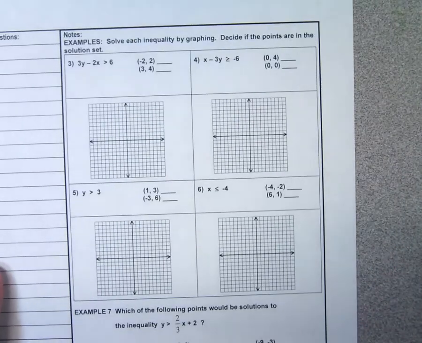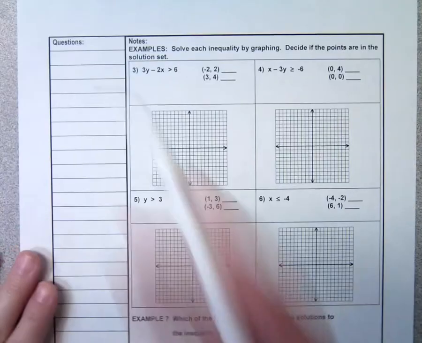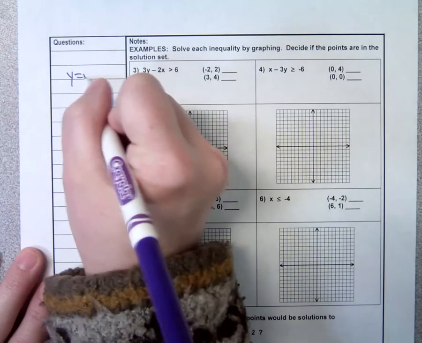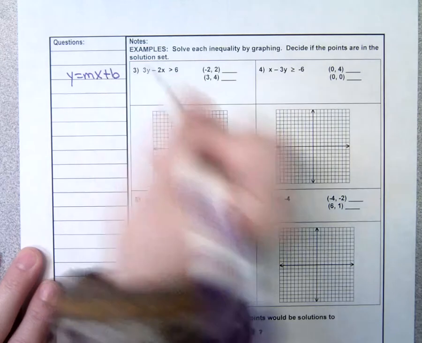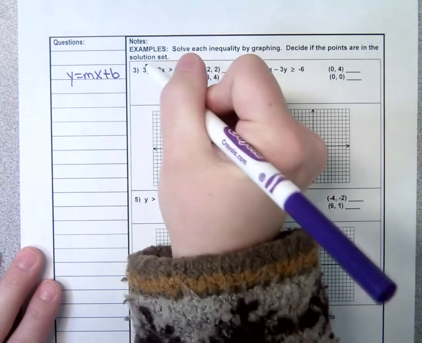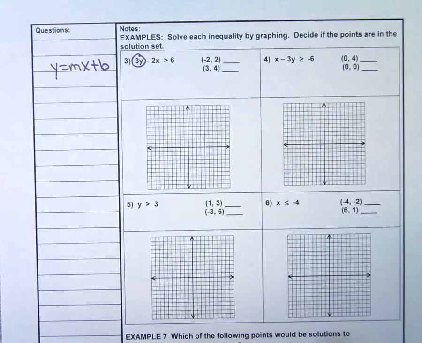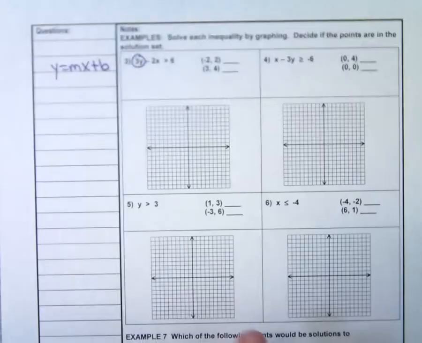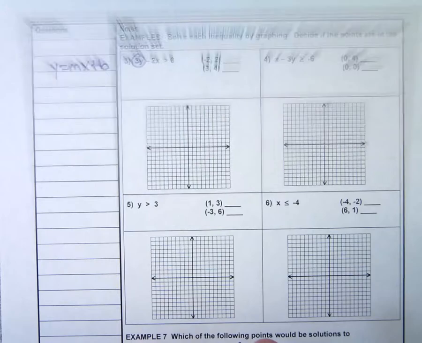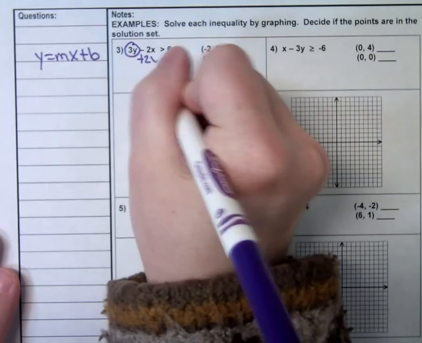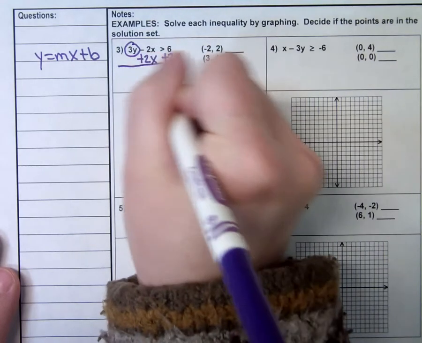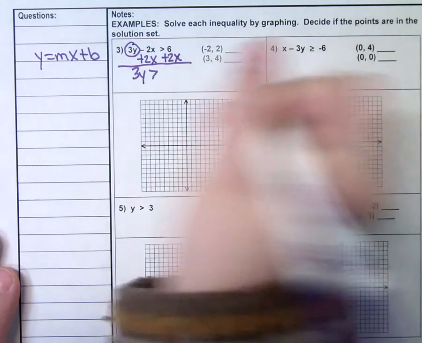Okay, these I need to make sure that they are in slope-intercept form first, and I can see that this one is not. So I'm going to circle everything, smush with my y. Whatever's outside my circle, I'm going to add or subtract. So I am going to get rid of that minus 2x by adding 2x. So I'm going to add 2x to both sides. The 3y drops, my symbol drops.